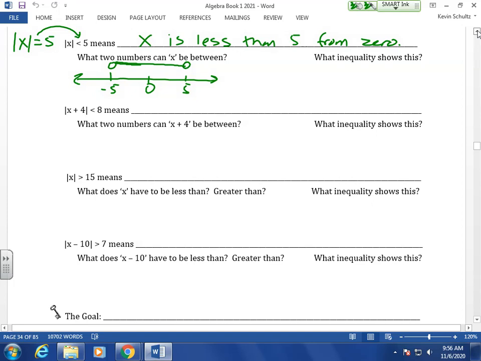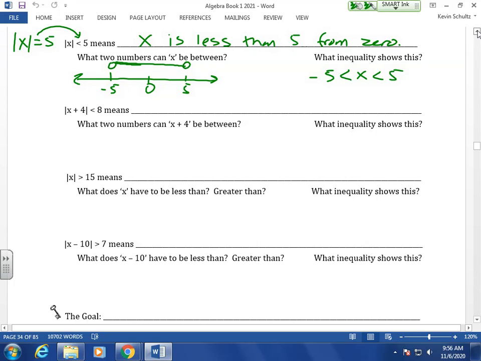Anything outside of that range, anything less than -5 will be further away than 5 from 0, and anything beyond +5 will be further away than 5 from 0. So when you see that less than symbol, you know it's going to be an and statement. Okay, because that less than symbol is going to give you a range of numbers that are between two limits. And the inequality that shows this is -5 is less than x is less than 5. X is between -5 and +5, so that it is within 5 of 0.